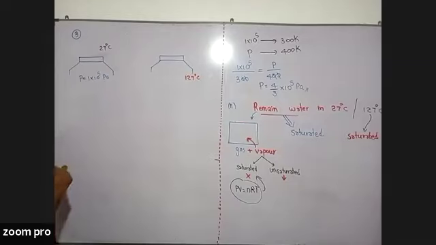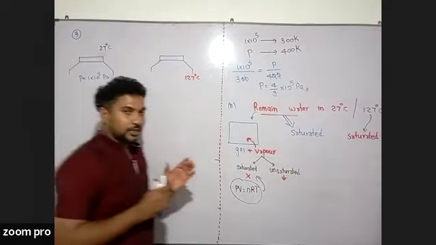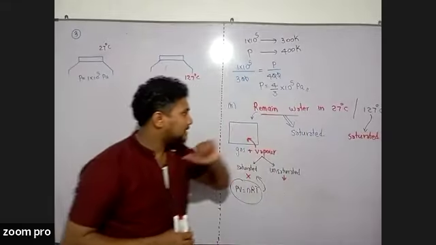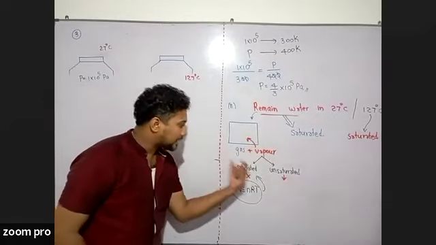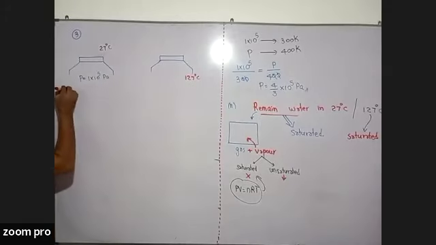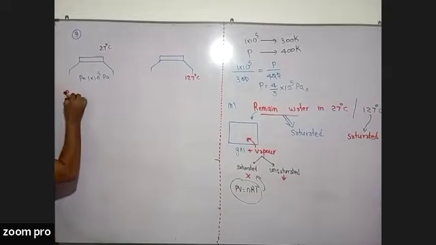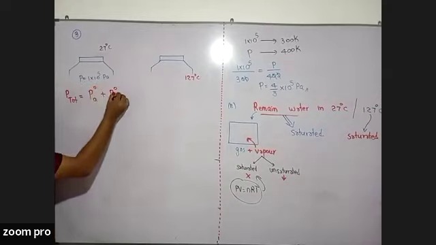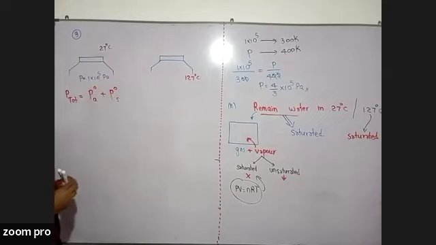Now, guys, if the pressure inside the vessel at 27 Celsius is equal to 1 into 10 to the power 5 Pascal, you know that at 27 Celsius there is gas plus saturated vapor inside this vessel, right? Let's consider this as P total. So P total is equal to the partial pressure of the air plus the partial pressure of the saturated vapors, right?